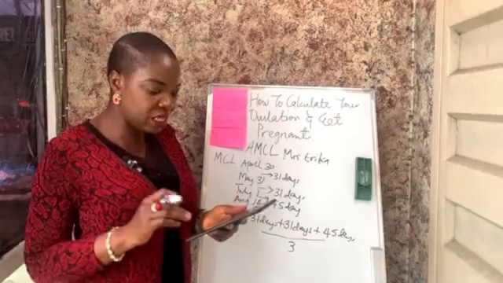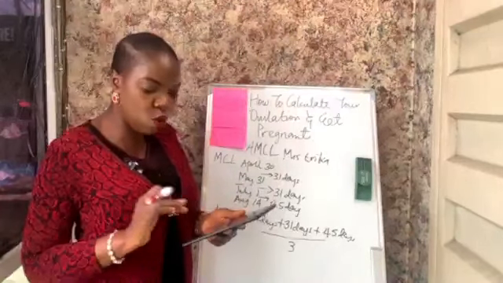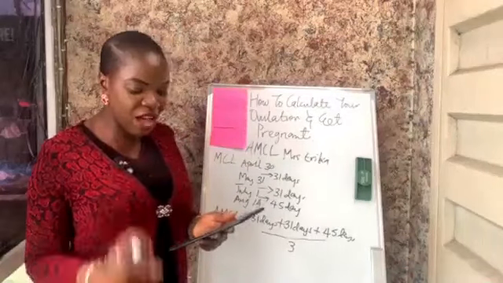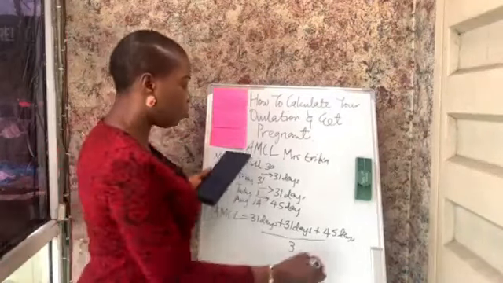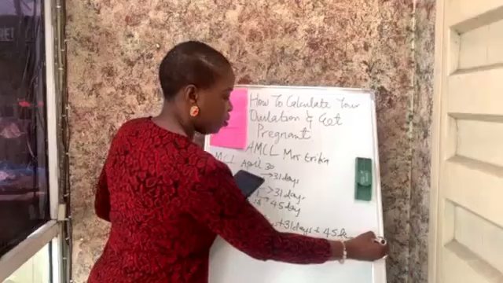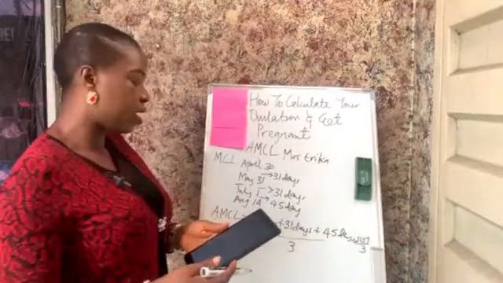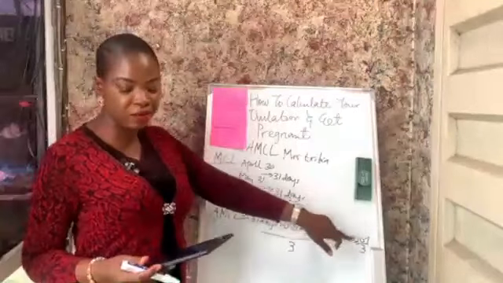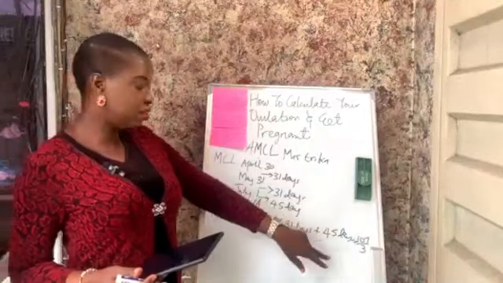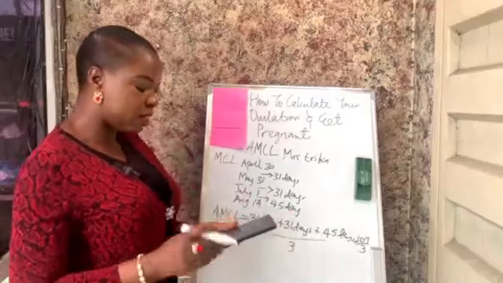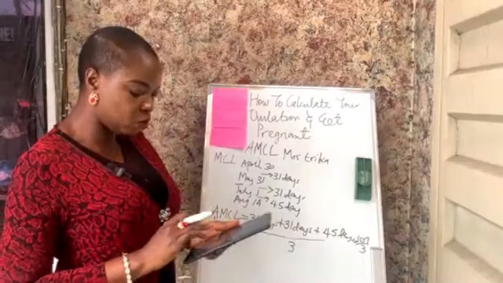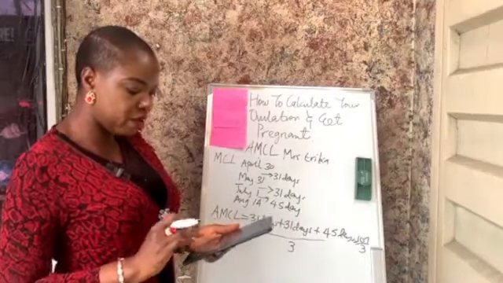If you calculate 31 plus 31 plus 45, she has 107. This will be 107 divided by 3. So the average is 107 divided by 3. What will that give us?